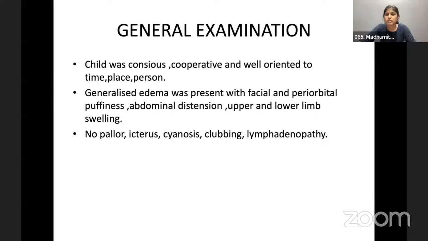Because fluid gets shifted to the extravascular spaces. So the tissue becomes edematous and gets stretched out. When you look at the palpebral conjunctiva, since the edema fluid has shifted to the extravascular space around the vessels, the capillaries get stretched out and it gives a false paleness.